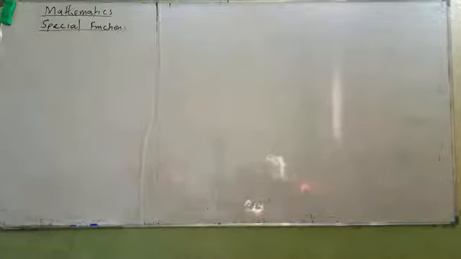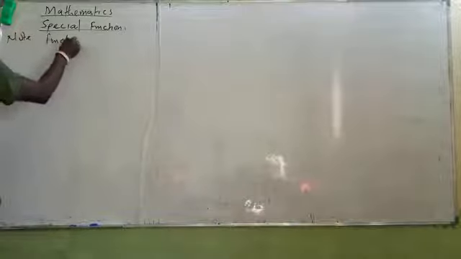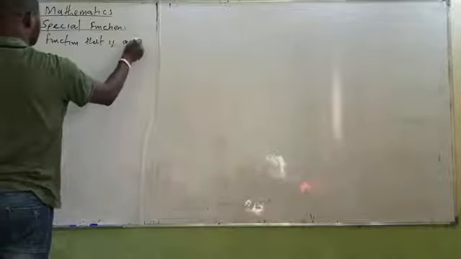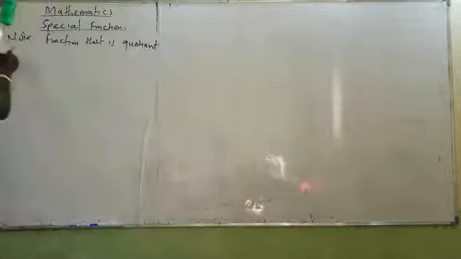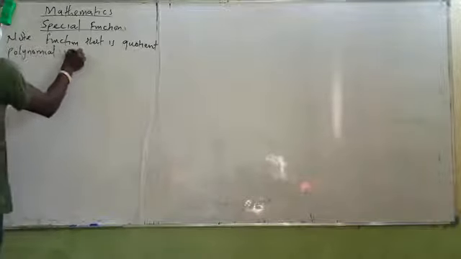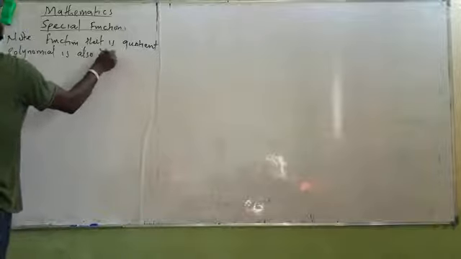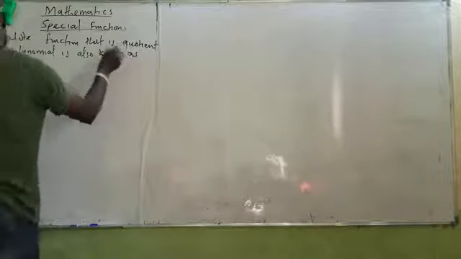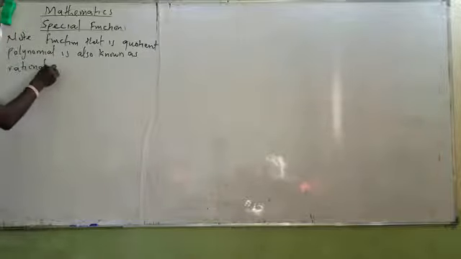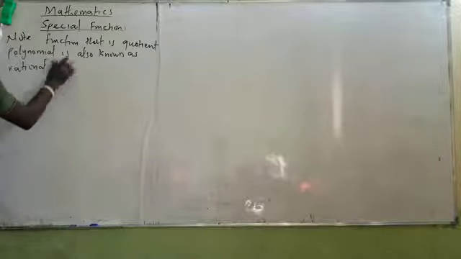I need to work on, okay, a function that is a quotient of polynomials is also known as what? Now note: a function that is a quotient of polynomials is also known as a rational function.